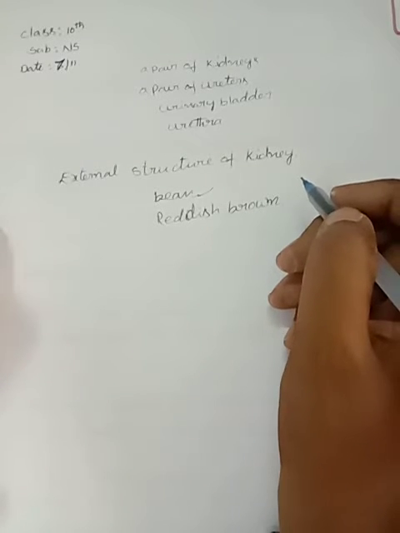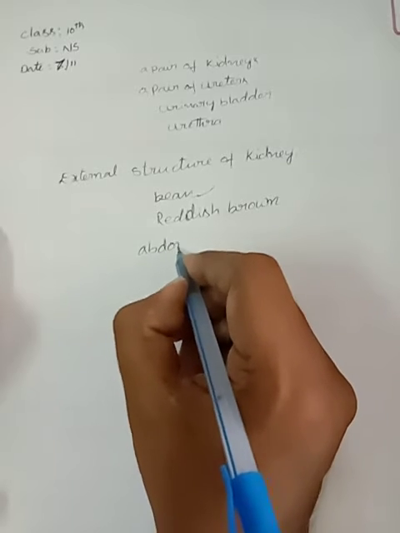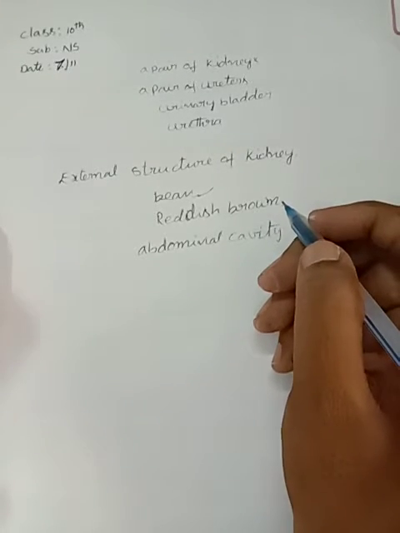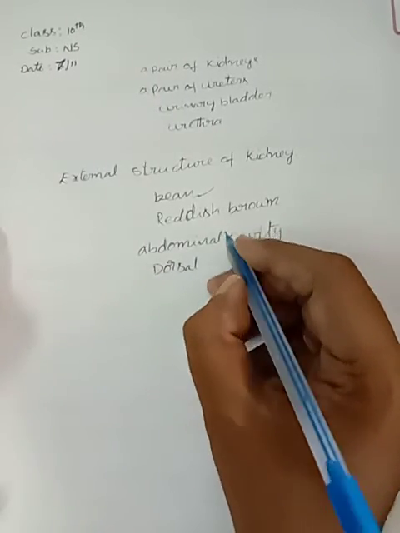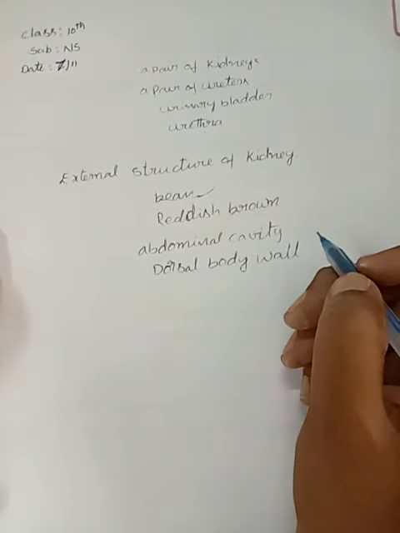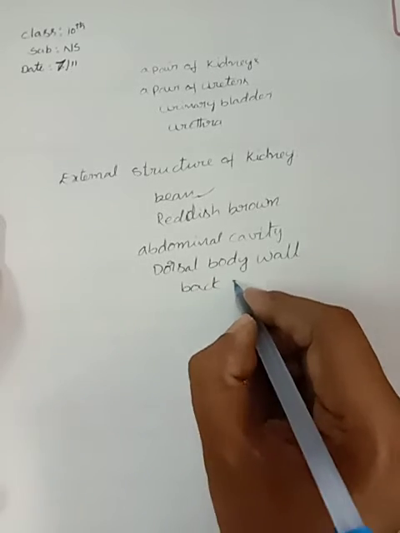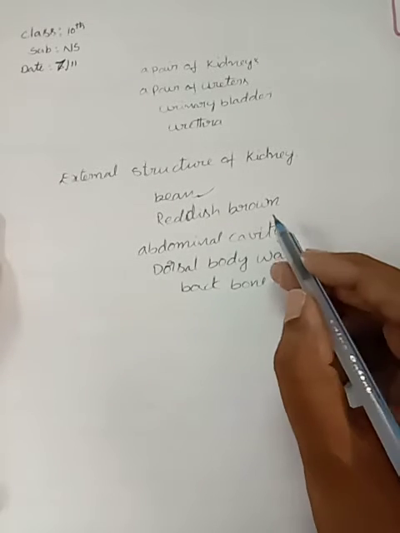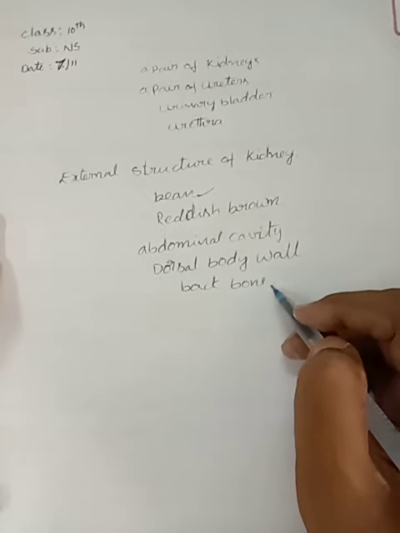Children, in the human body, the kidneys are present in the abdominal cavity, attached to the dorsal body wall, one on either side of the backbone.